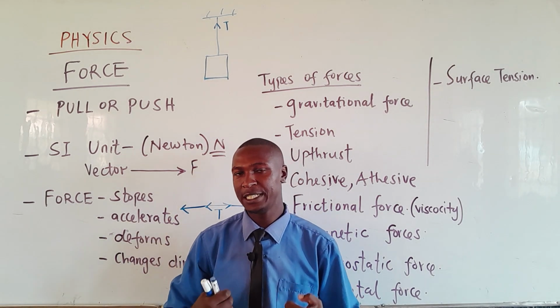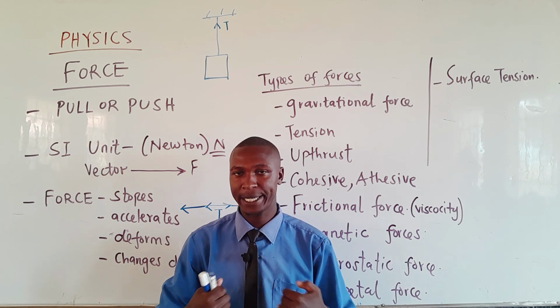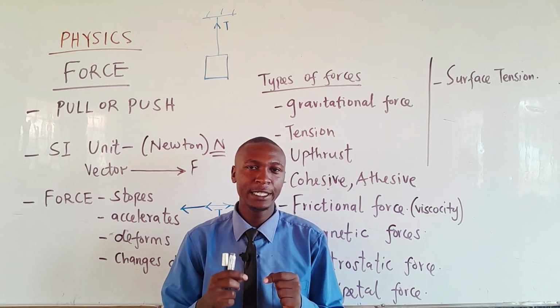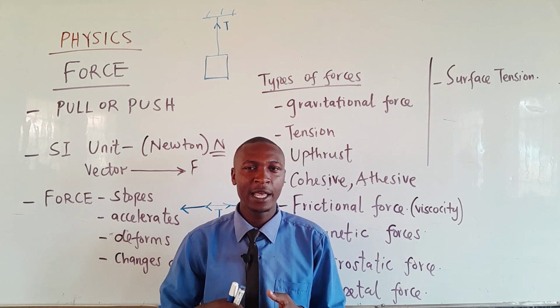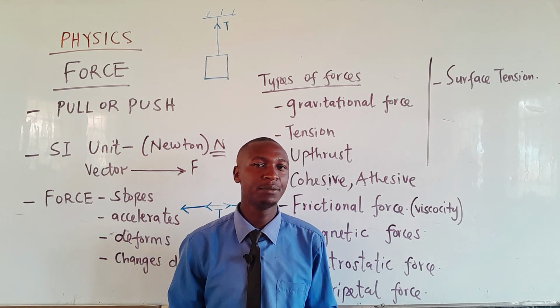Remember, before we go to the next one, remember tension. When tension is exceeded, then the string is going to break. For example, think of a very thin string that is holding a 40 kg mass.